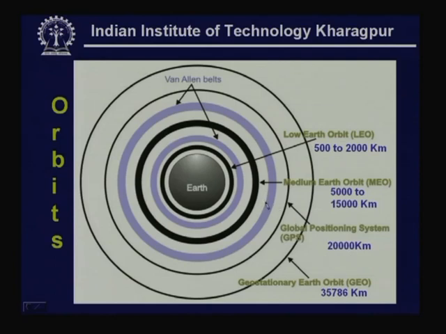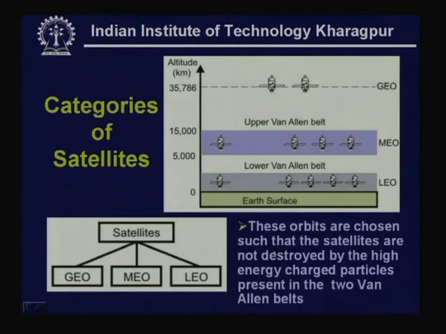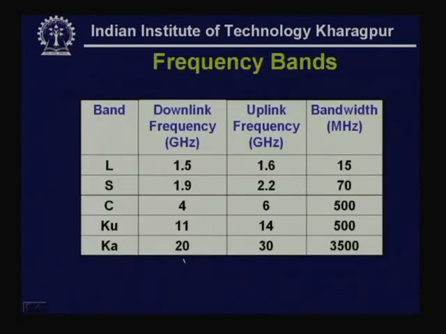So, obviously, it is above the second Van Allen belt, but much below the geostationary earth orbit, which is at the distance of about 35,800 kilometer. As I mentioned, these orbits are chosen such that the satellites are not destroyed by high energy charged particles present in the two Van Allen belts. So, we have broadly three types of orbits.